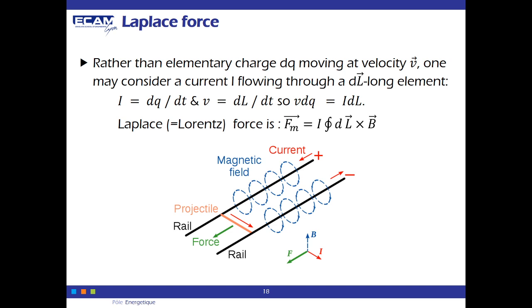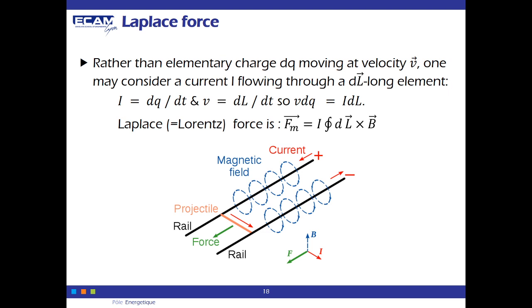You can define any of your fingers as the magnetic field and another as current, and the third one will be the direction of force. But you have to be careful about applying it properly.